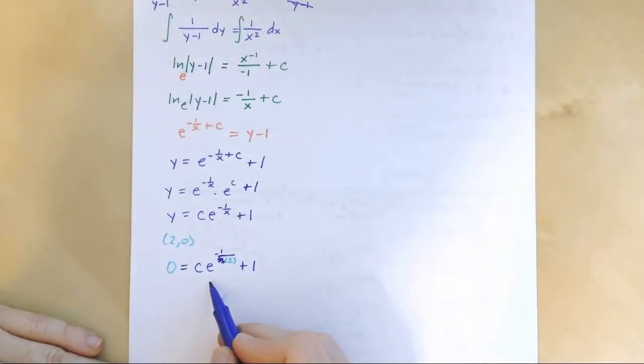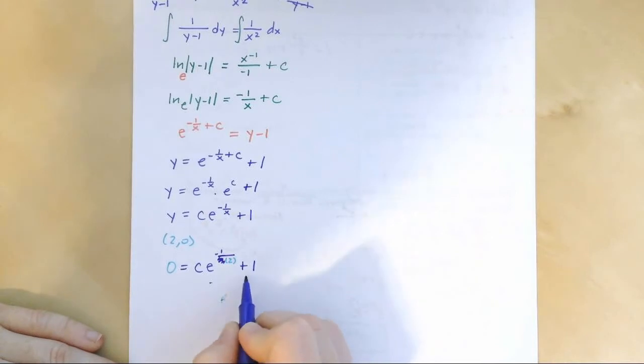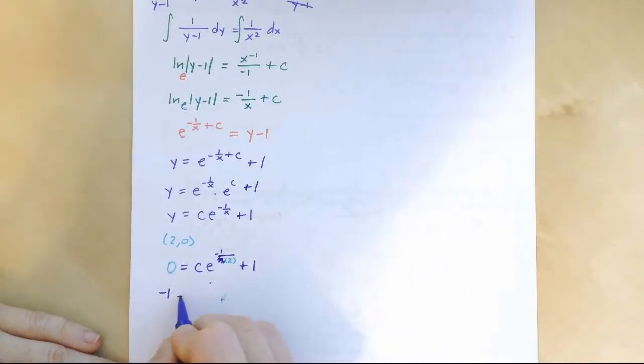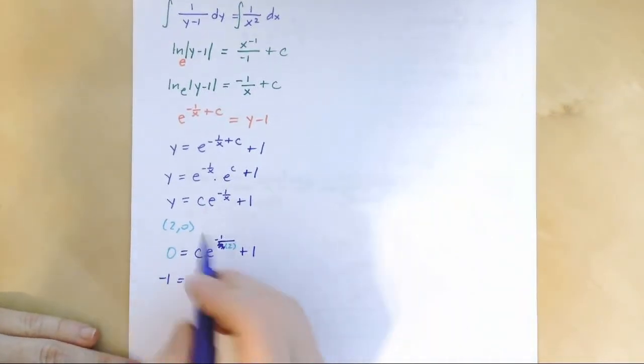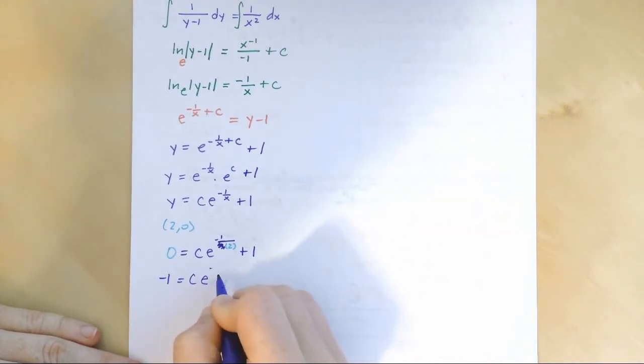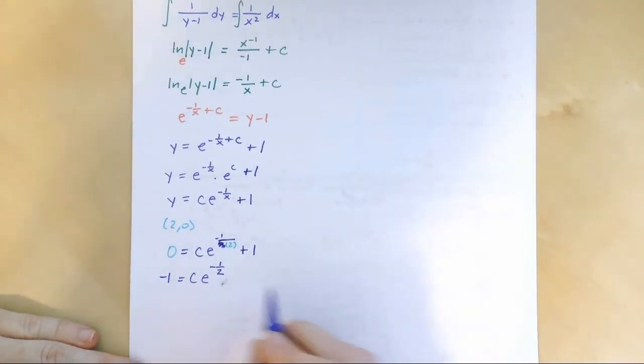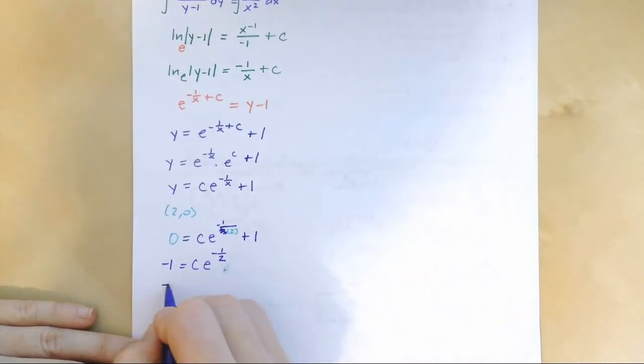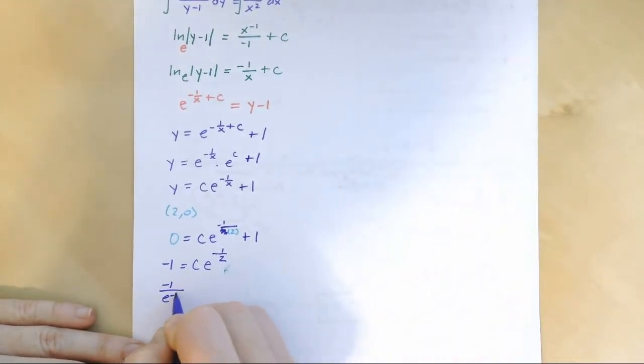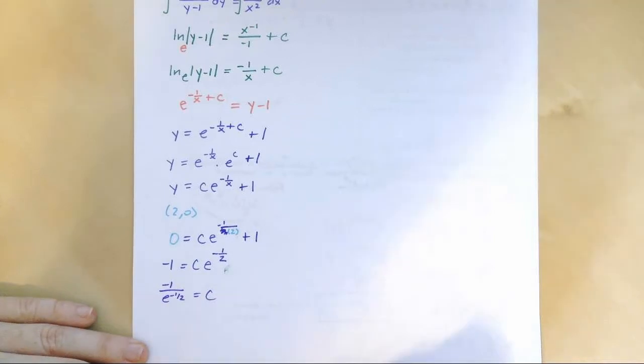Alright, now we need to isolate c to figure out the value of my constant. So minus 1 on both sides, we get negative 1 equals c e to the negative 1/2. And then I need to divide by e to the negative 1/2, so I get negative 1 over e to the negative 1/2 equals c.